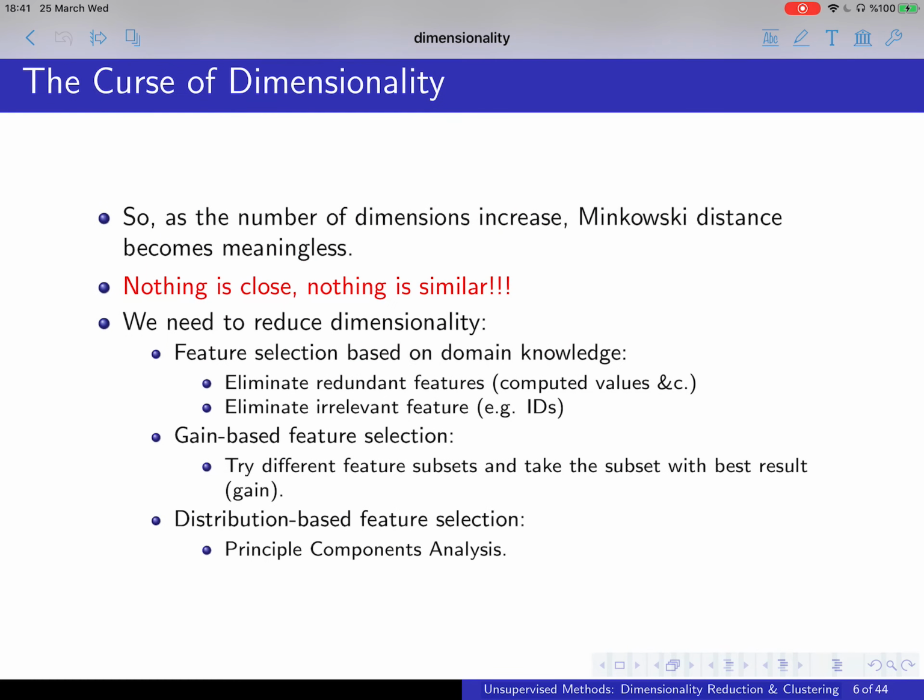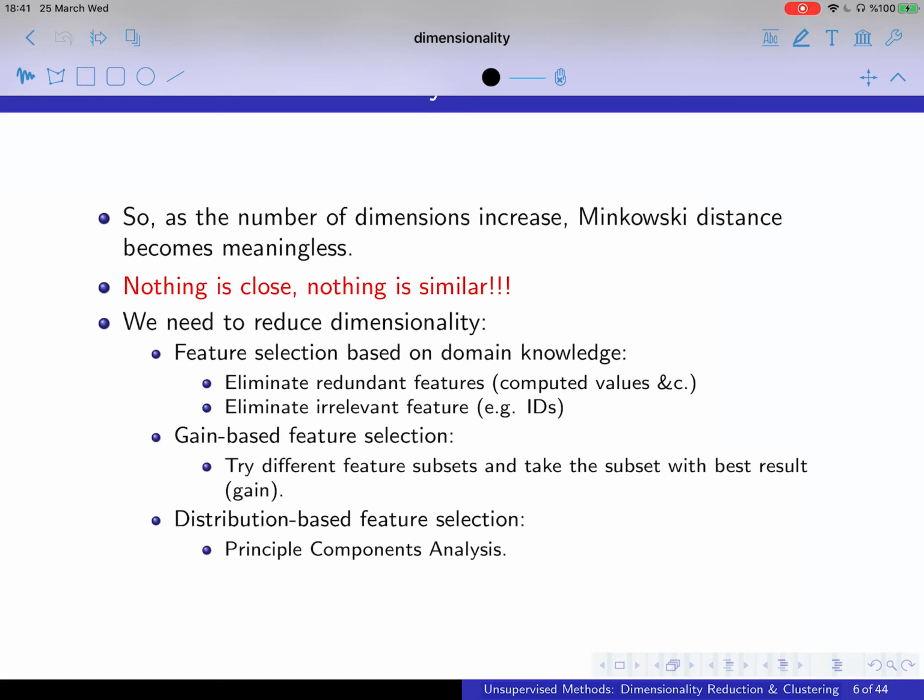So one thing you can do is, like we talked about before, you can trust an expert. If you have lots and lots of dimensions, like a gene expression data set with thousands of genes, they can let you pick what's important.